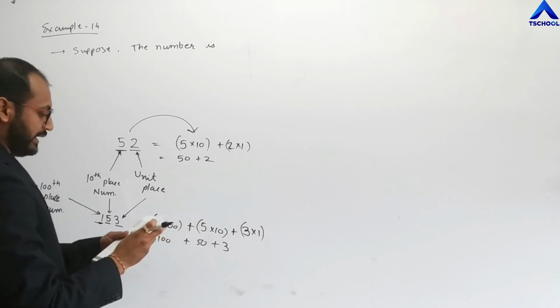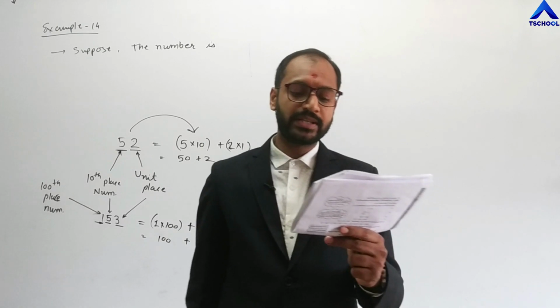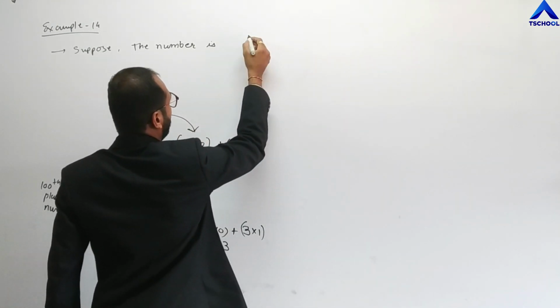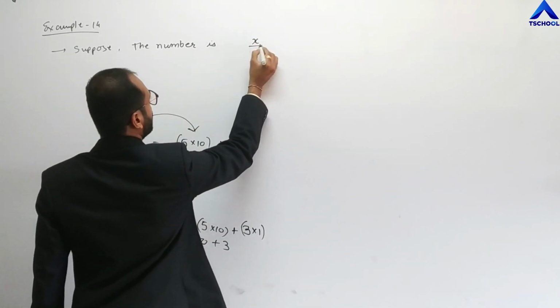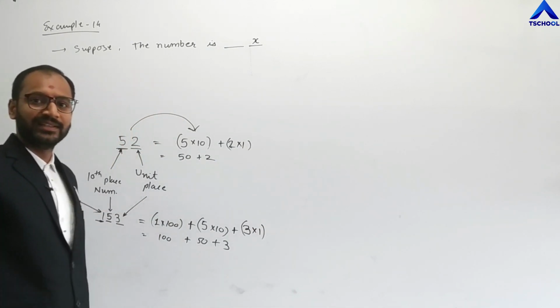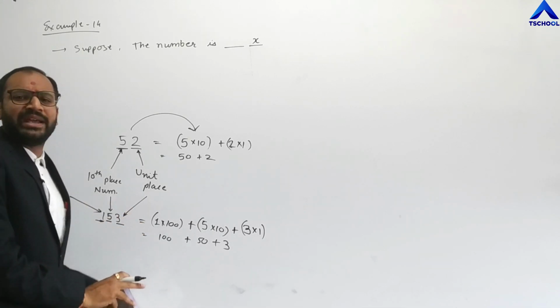According to the question, the digits of the two-digit number differ by 3. If we consider the unit place to be x, what should the 10th place be? That should be x either minus 3 or plus 3.